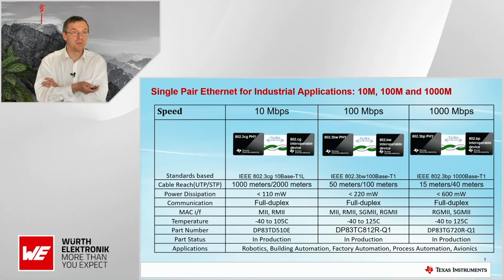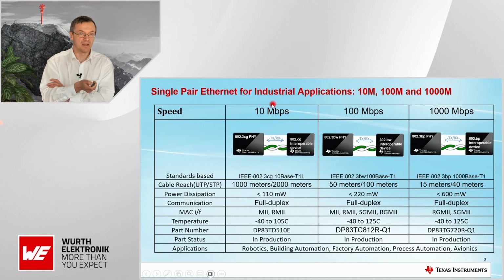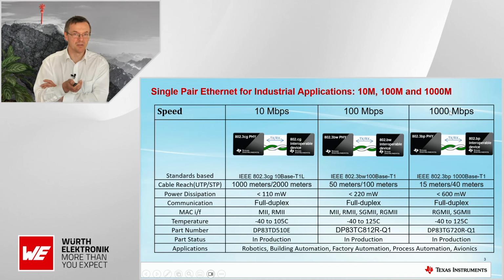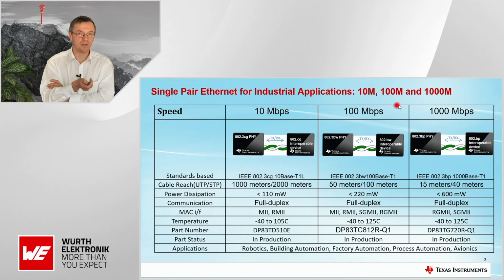Now, first going through single twisted pair Ethernet. As you know, there are the 10 megabit, the 100 megabit, and the gigabit single twisted pair Ethernet. What we will be focusing on today is the 100 and the gigabit. We have, however, also done some measurements and other contents on the 10 megabit Ethernet, but we will not walk through that today.